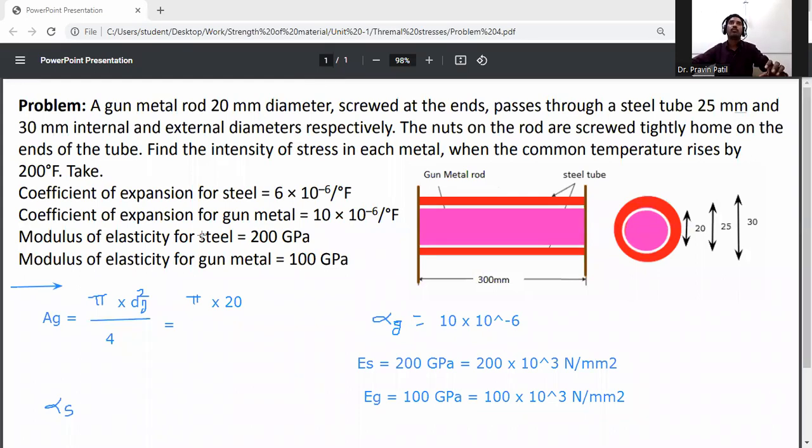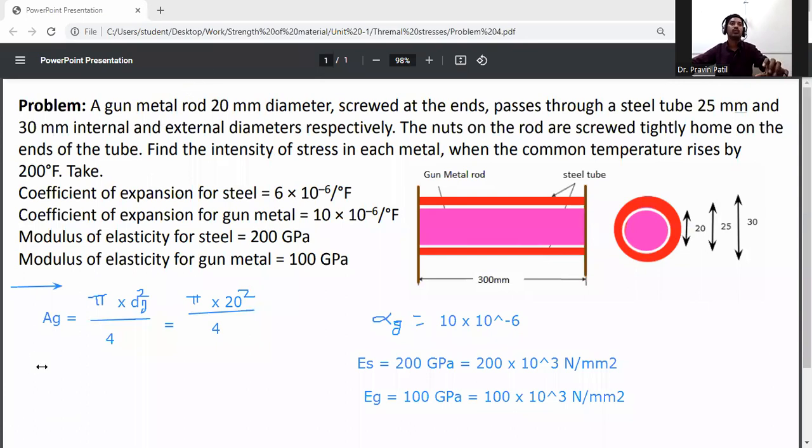So pi into 20 square divided by 4 gives the area of gunmetal.